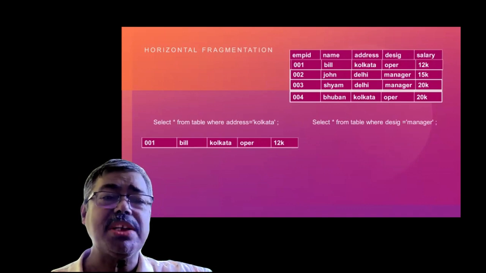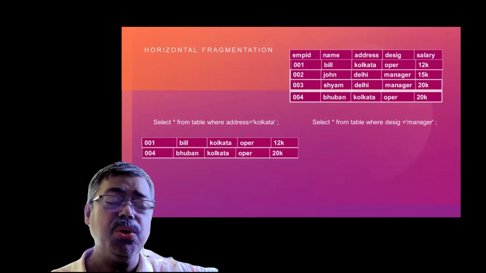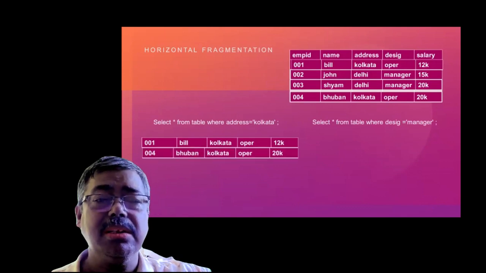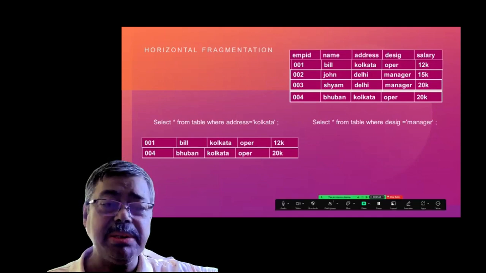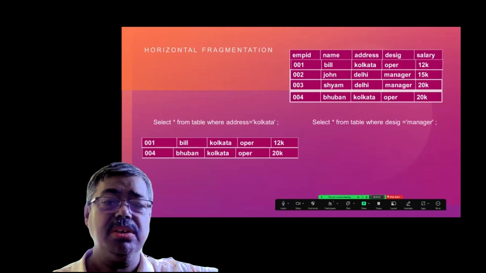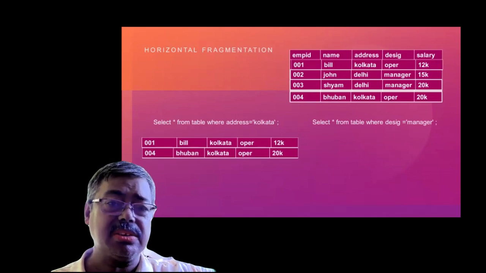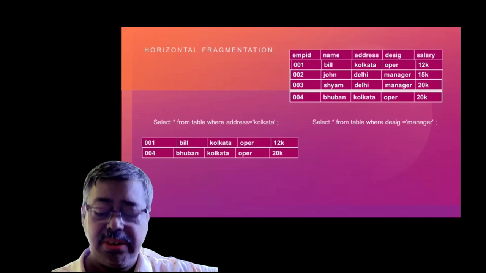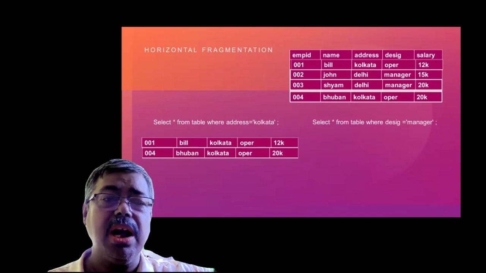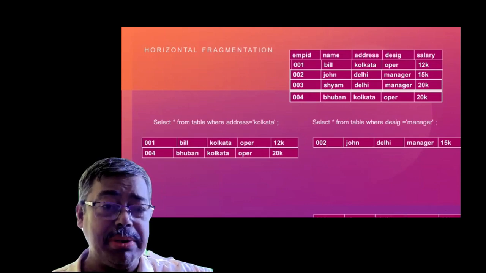So 001, the first row, and 004, the second row, come by the SQL command. Similarly, if we want fragments by designation, such as manager, they will be contributed to another fragment. Using this command, I can gather the other 2 rows into 1 fragment.